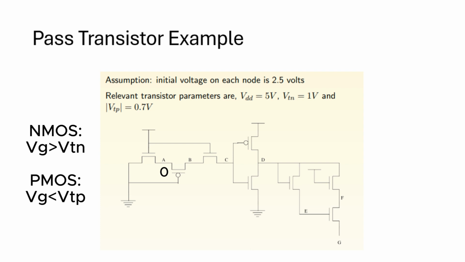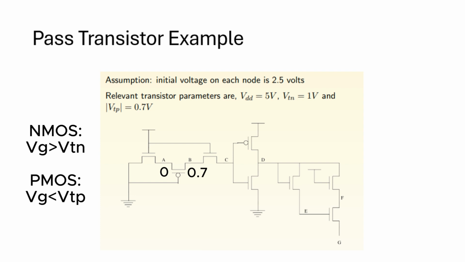But if you remember the theory, an NMOS transistor passes a strong 0 but a weak 1, that is a degraded one, whereas a PMOS transistor passes a strong 1 but a weak 0. Because we are passing a 0, VTP will be added to this input signal because its output will be degraded in this case. So the output will be 0 plus 0.7, which is 0.7 volts.